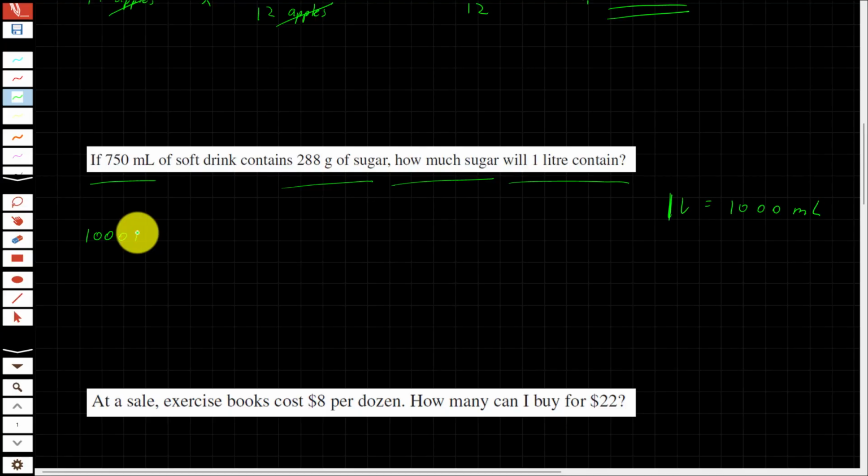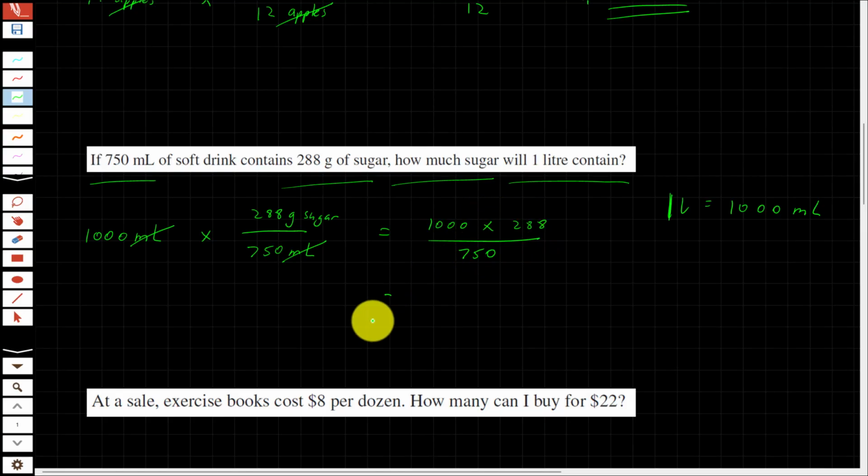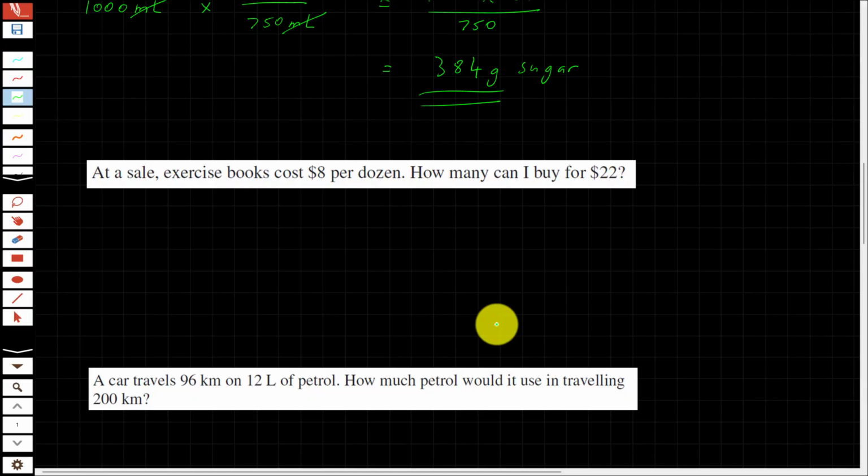So we can write 1,000 millilitres, multiply that by the rate, which is 750 ml and 288 grams of sugar on the top. We need the ml to cancel out and leave us with an answer with the amount of sugar. We do the calculation and we get 384 grams of sugar per 1 litre, or 1,000 millilitres of solution.